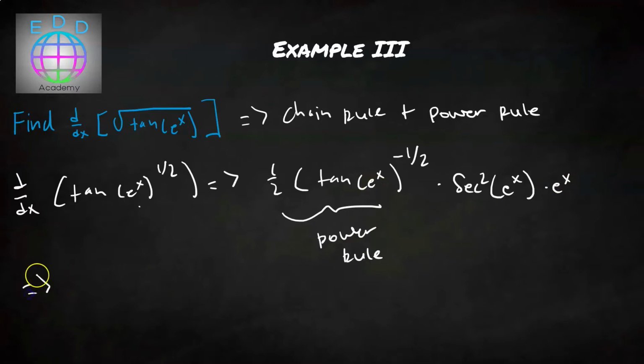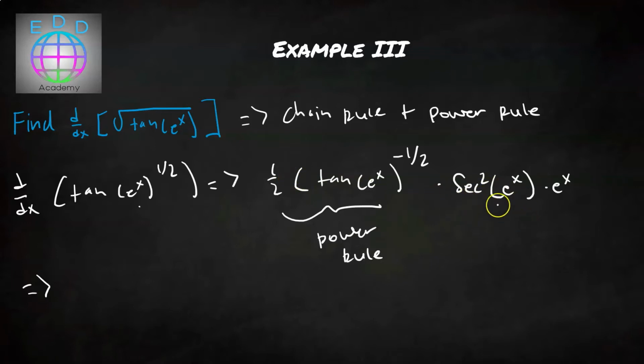statement. If we simplify this a little bit, the negative 1/2 power means that we're going to have a square root in the denominator of the function. And this 1/2, this coefficient, means we're going to have a 2 times that square root function in the denominator.